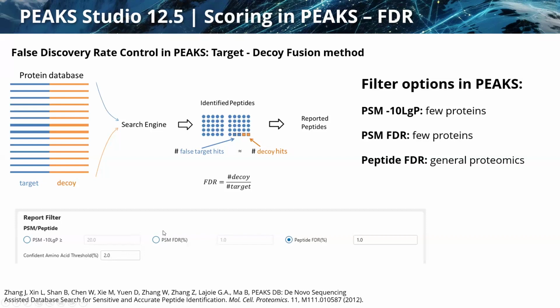And this is just because using the peptide spectrum matches rather than just the unique peptides gives you more numbers to work with for the FDR control. It usually gets you a slightly better option.